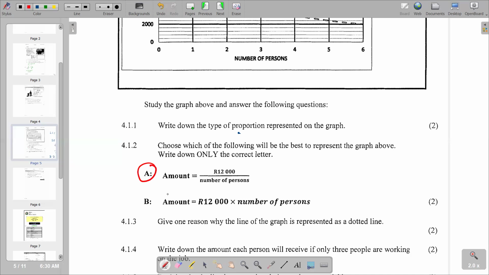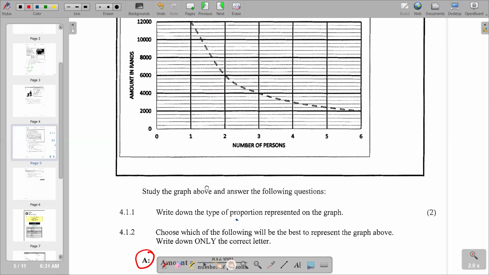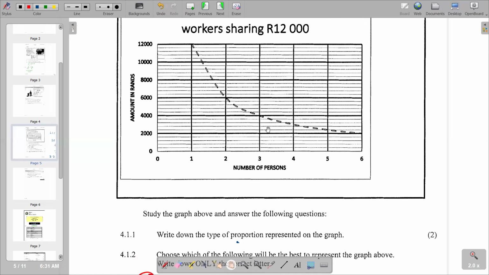Go to 4.1.3: give a reason why the line of the graph is represented as a dotted line. According to our graph, we have a dotted line. The reason is that the number of persons is discrete. By being discrete, we are saying the numbers cannot be written in the form of decimals. That's why we have a dotted curve.